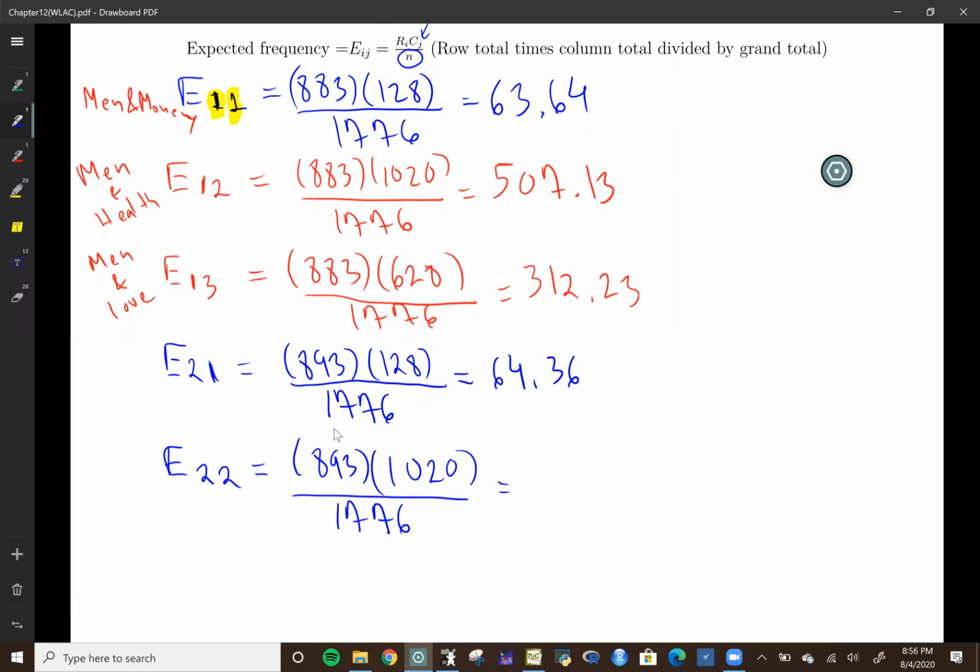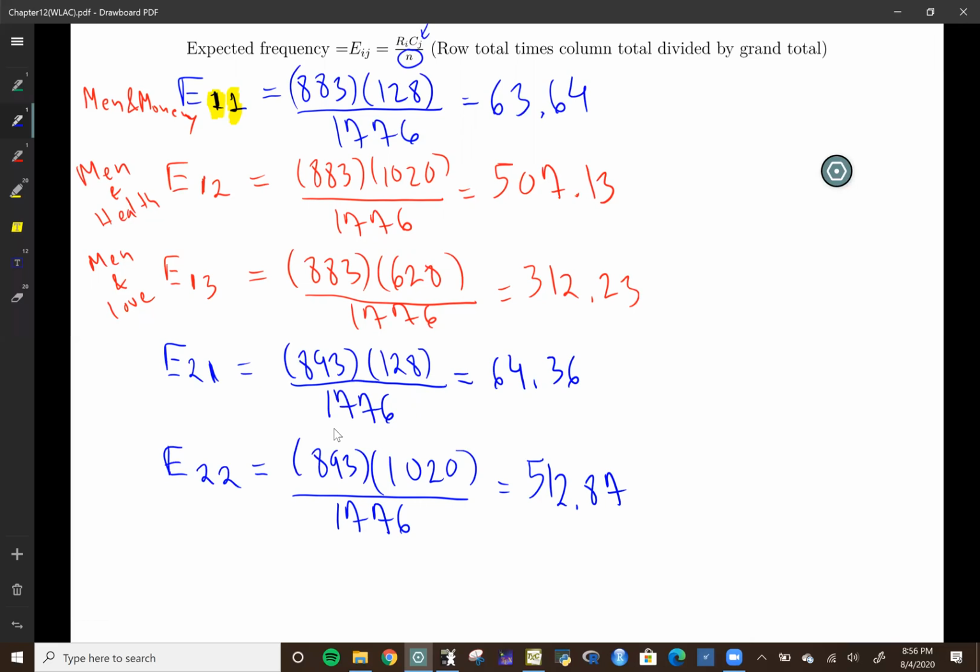Everybody got how I got 893 times 1020 divided by 1776? Right, so let's go ahead and do this. 893 times 1020 divided by 1776. And I get 512.87. And that's it for that expected value.